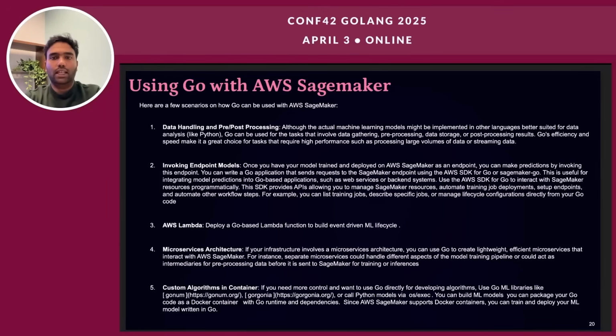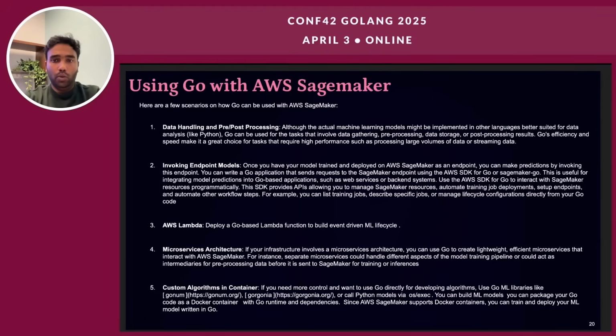Go's efficiency and speed make it a great choice for tasks that require high performance, such as processing large volumes of data or streaming data. We can use libraries like AWS SDK Go and SageMaker Go to interact with SageMaker APIs and services from your Go code to automate workflows, jobs, and life cycles.